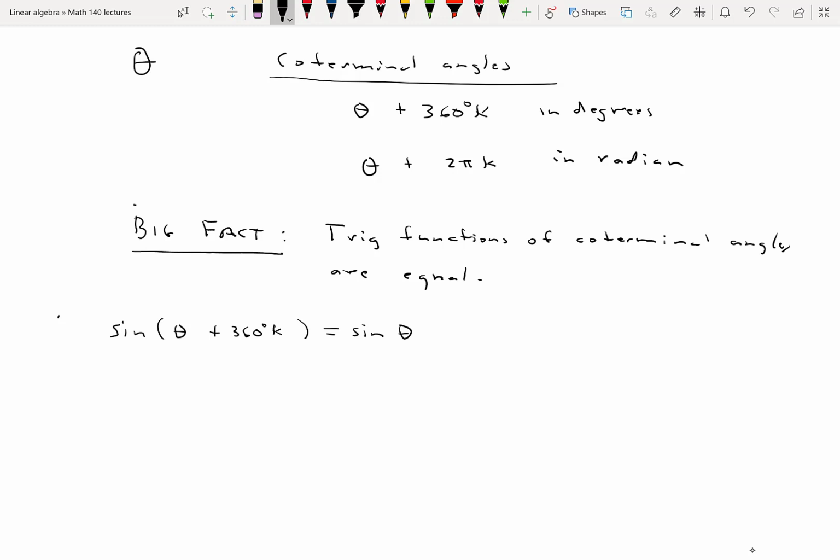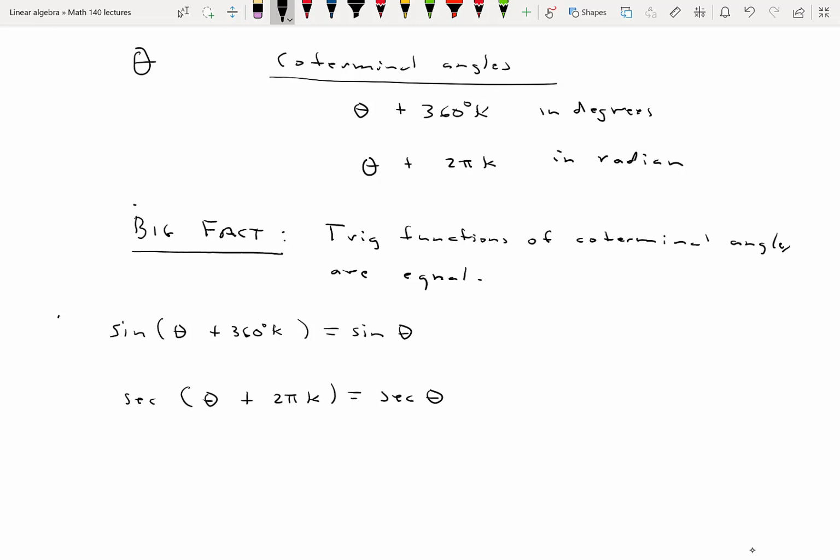I can remove 360 times 1, 360 times 2, 360 times k, without affecting the value of the trig functions. Trig functions of coterminal angles are equal. There's one. Another one would be secant of theta plus 2 pi k is just equal to secant theta. You can remove any number of multiples of one revolution. In this case, in radians, one revolution is 2 pi.